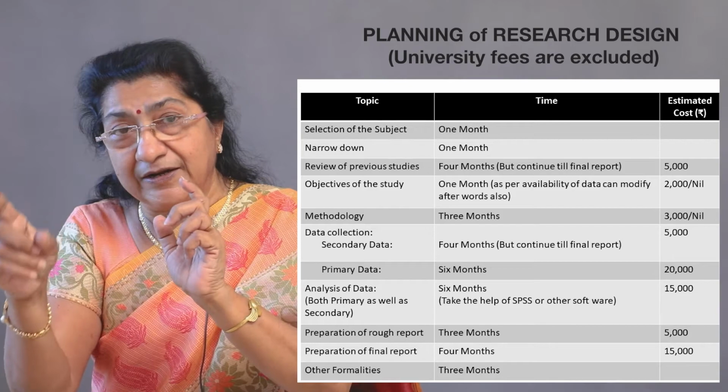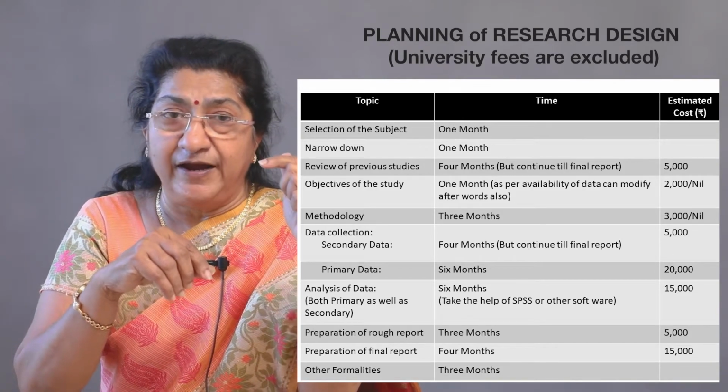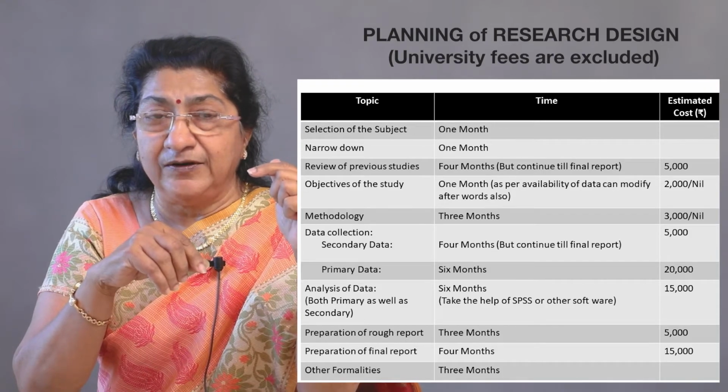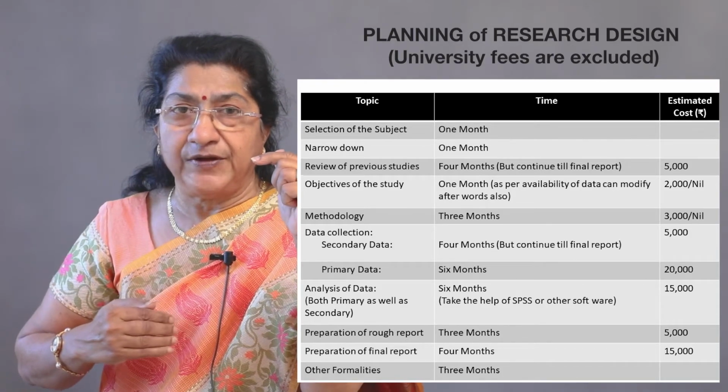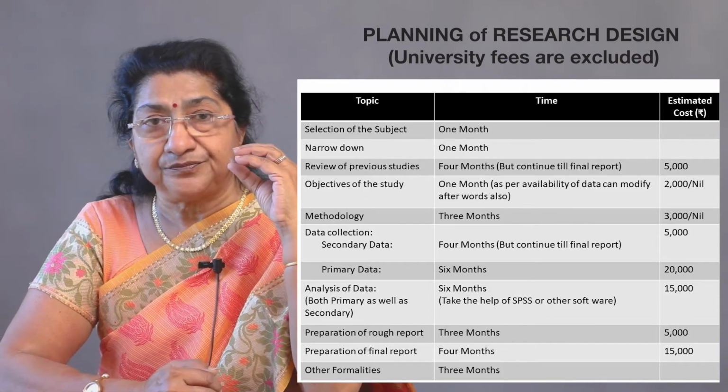Now, when you plan, you have to consider mainly three factors. First of all, your topic, then time duration and estimated cost for that. So, your first head is topic. In that, you can specify your topics. First is selection of the subject.